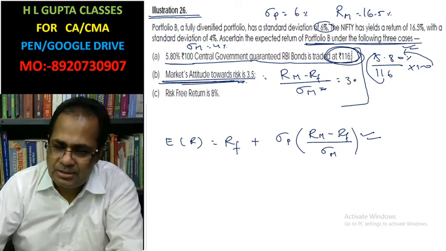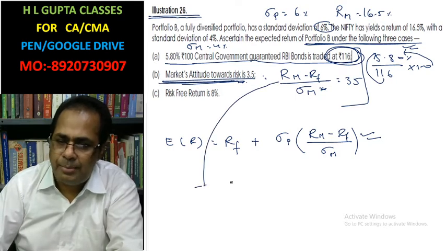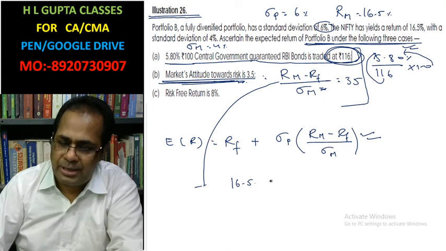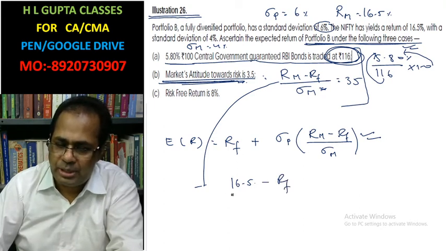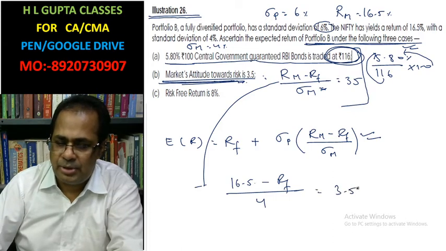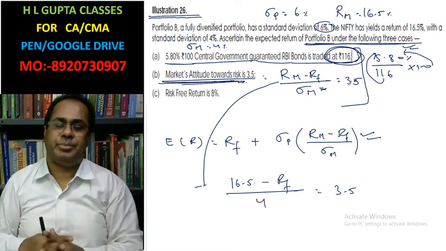In this case it is 3.5. On the basis of this, with 16.5 as the return on the market, and the standard deviation of market 4 given, you have to calculate the risk-free rate of return.